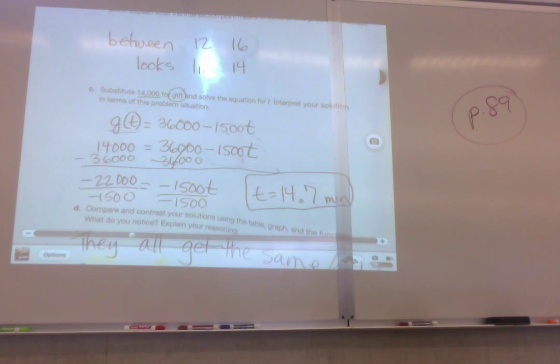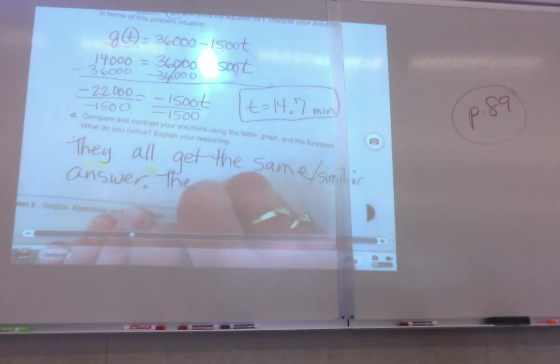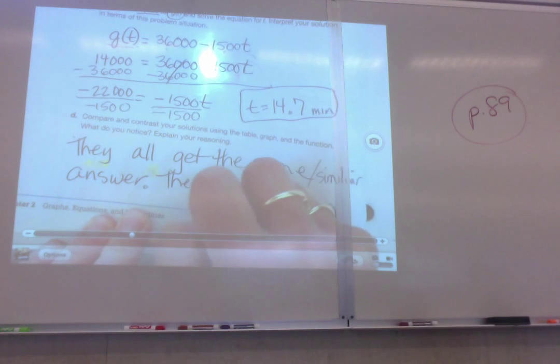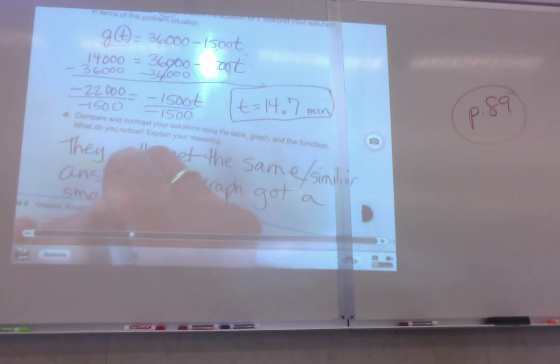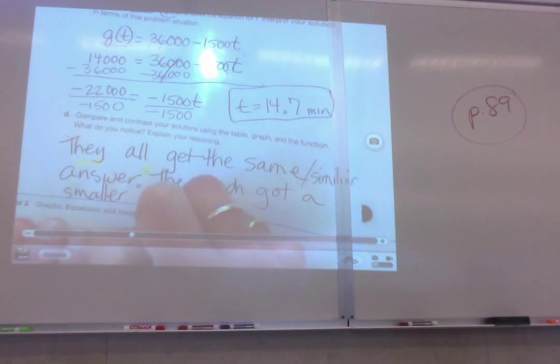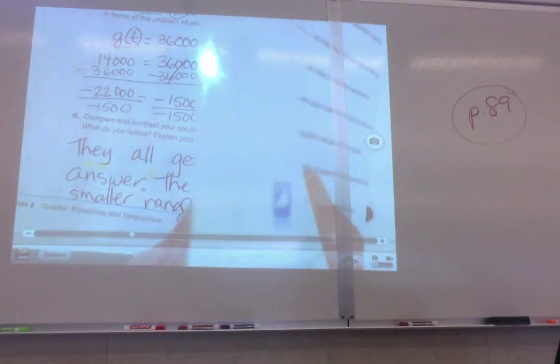Did it go down too low? They all get the same or similar answer, all right? Is any way better or worse? The graph is a little bit better because it gets a smaller range. Okay, the graph got a smaller range. All right. Nice.